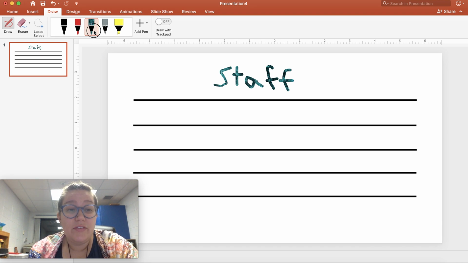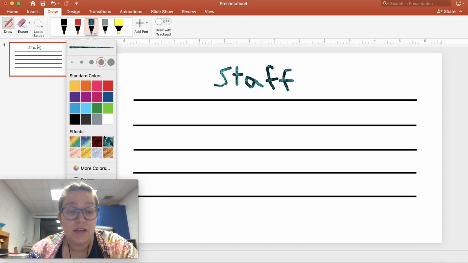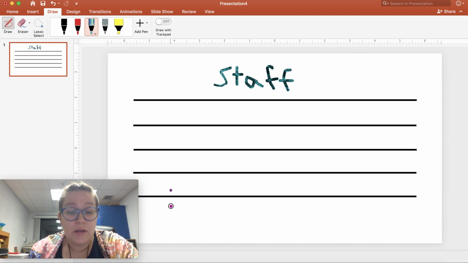It has 5 lines and 4 spaces, and we count from the bottom going up. Line 1, line 2, line 3, line 4, line 5, space 1, space 2, space 3, and space 4.